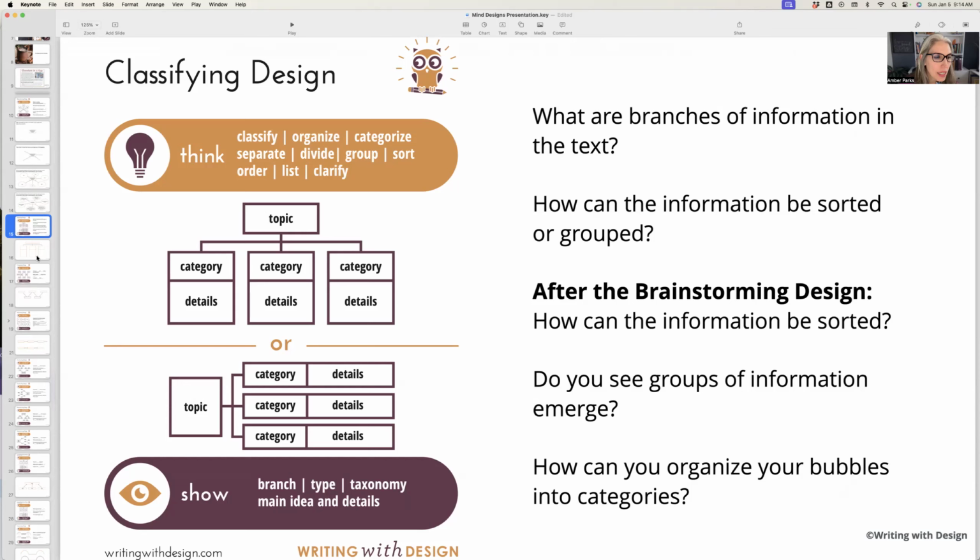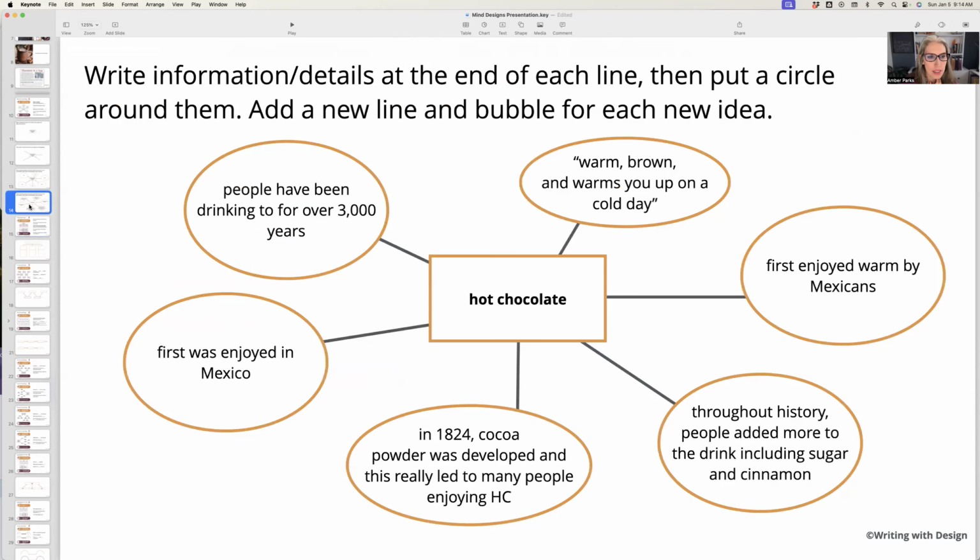So we can take a look at our design here and see if we see any kind of categories about it. I feel like as I look here, we've got about Mexico. I think that could be interesting as one category of information about how it was first enjoyed in Mexico and it was warm.